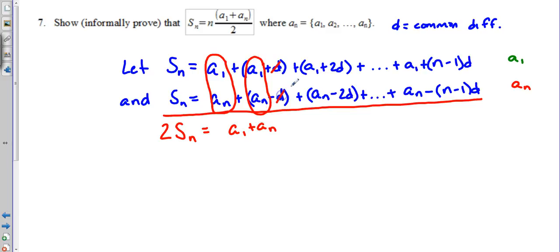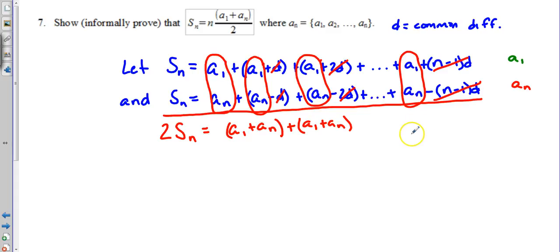So that's gone, and that's gone, and there's another a sub 1 plus a sub n. And here's another a sub 1 plus a sub n. So you see the pattern emerging. We've got plus 2d and minus 2d. Those are going to drop off. Here we've got a sub 1 plus a sub n, and then n minus 1 common differences, and then negative n minus 1 common differences. So those drop off. So we end up with this thing that looks like this.